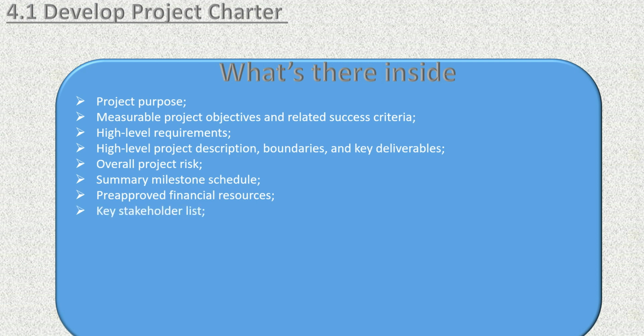Then key stakeholder list. Yes, whenever you are developing the charter, in fact, whenever you just conceptualize the project, there will be some obvious key stakeholders, and those stakeholders' names or details should be mentioned in the project charter. For example, your company CEO may be one of the stakeholders, right?